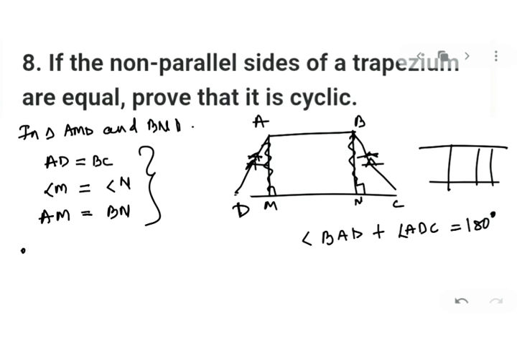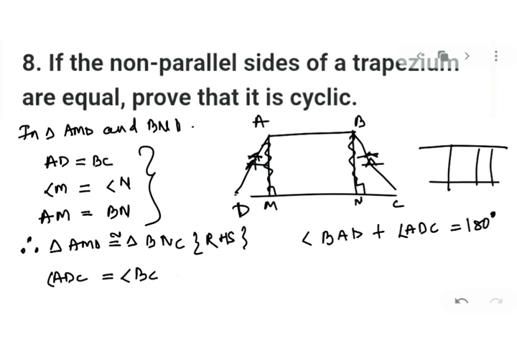Therefore, triangle AMD is congruent to triangle BNC by RHS test. Once you got that, can I say angle ADC is equal to angle BCD by CPCT? Okay, I got these two angles equal.